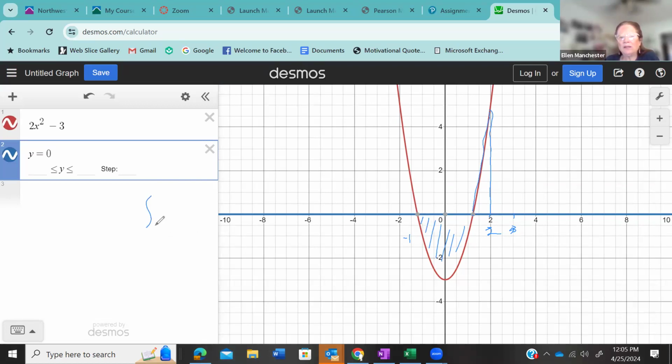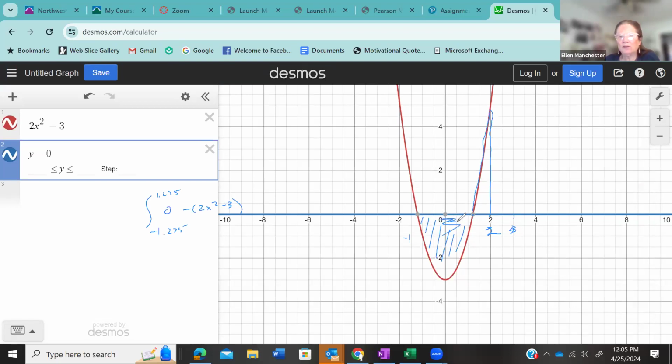The first one would be from -1.225 to +1.225, and you would do 0 minus 2x squared minus 3.